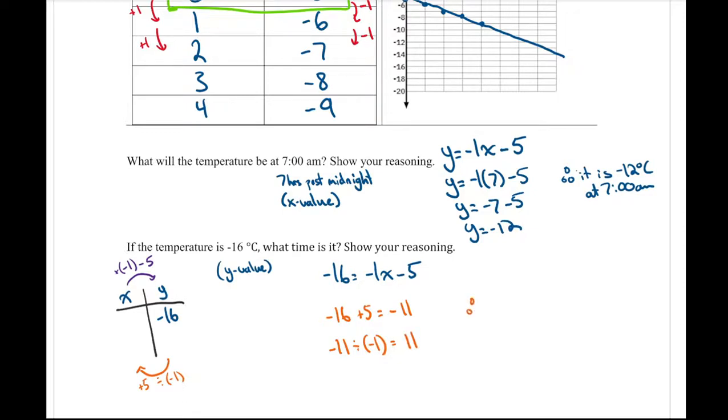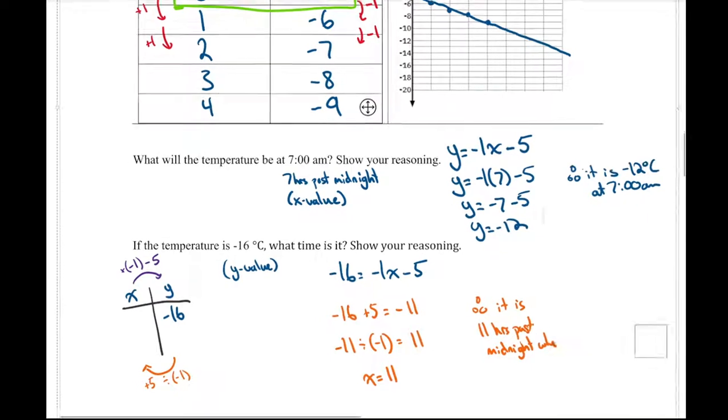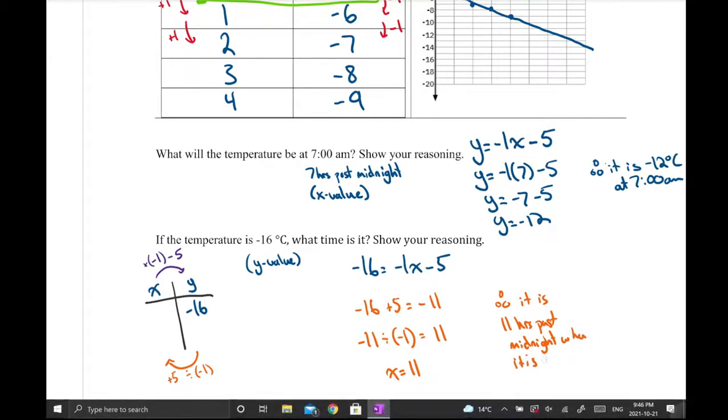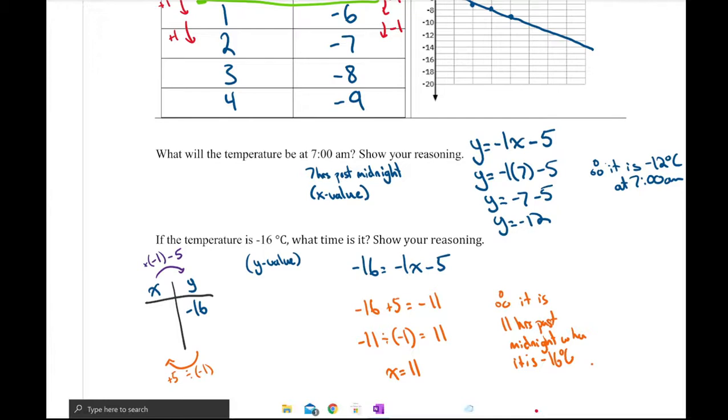So therefore, that means that my x value is going to equal 11. So therefore, it is 11 hours past midnight when it is negative 16 degrees Celsius.